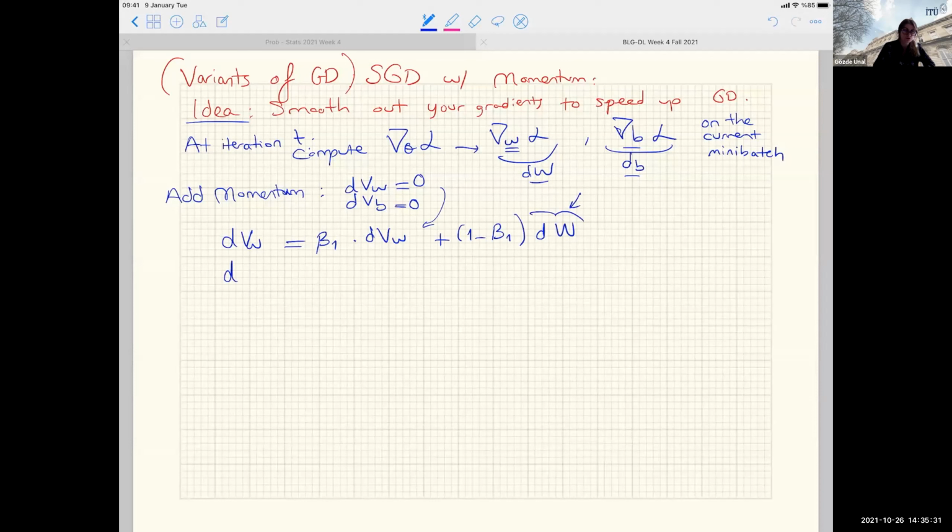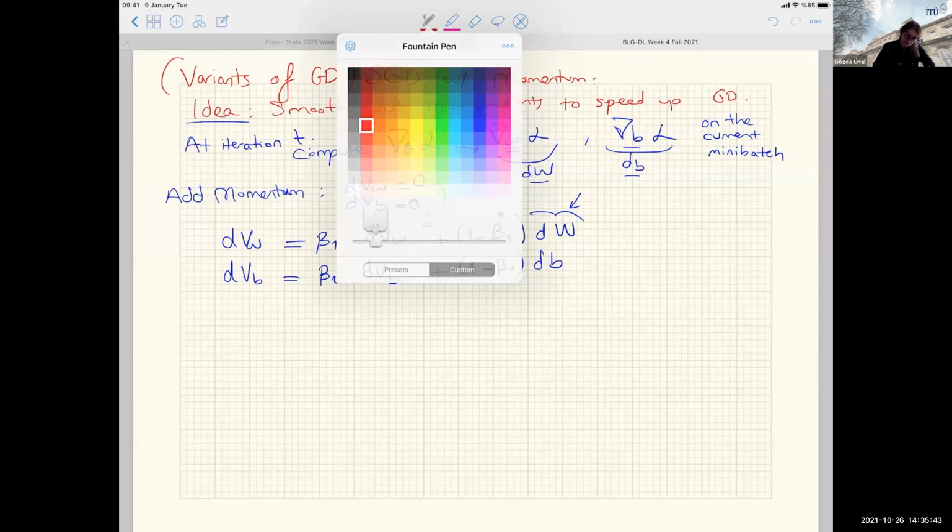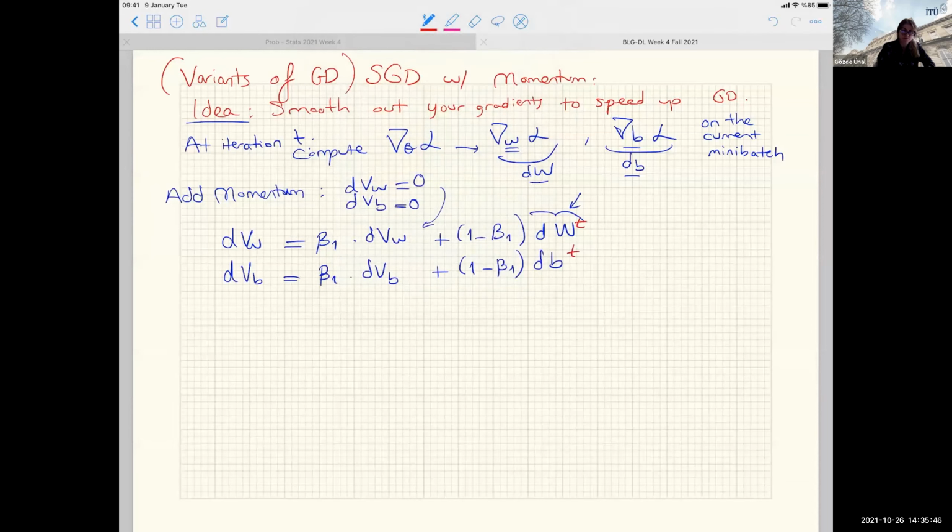Let me write also the V version for b: VdB equals beta 1 VdB plus 1 minus beta 1 dB. So these are the current gradients at time t, dW and dB.